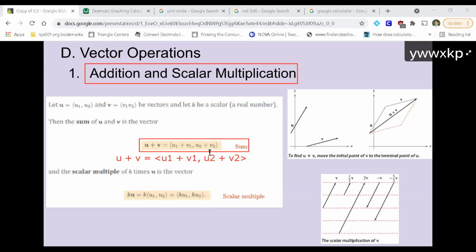Graphically, which you will be asked about on one homework question, what that looks like is if you graph your 2 vectors u and v such that the initial point of v begins at the terminal point of u, as you see in this picture. See, they moved v, slid it up, so its initial point ends at the terminal point of u. Then that length across from u's initial point to v's terminal point is u plus v.